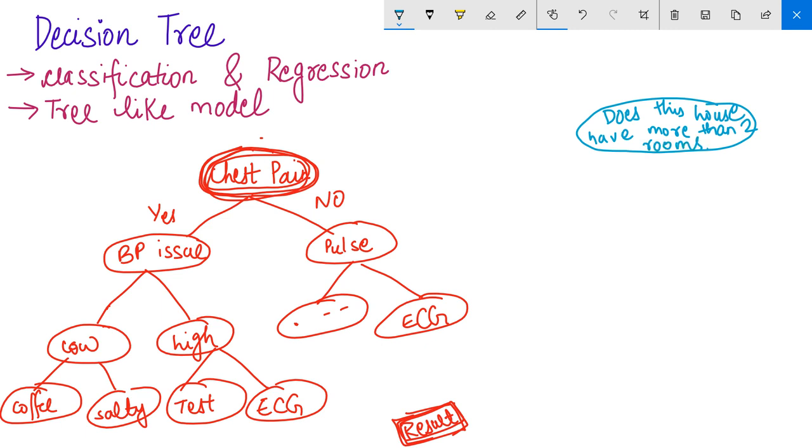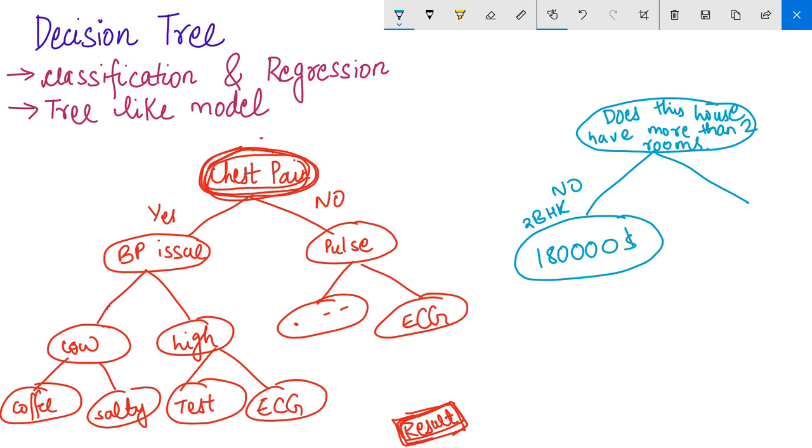If there are no more than two rooms, it's a 2 BHK flat, so your predicted price is, let's say, this much. And if yes, it is a 3 BHK flat or 4 BHK flat, then the predicted price is, let's say, this much.